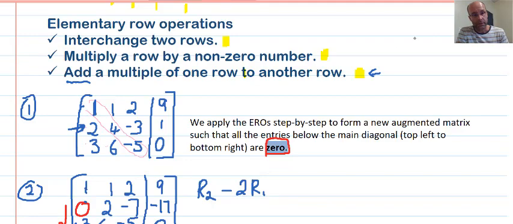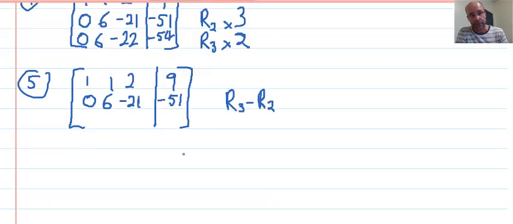Now using ERO number 3 again, adding a multiple of one row to another. That multiple can be negative 1, by the way. That means we do the following. We go row 3 minus row 2, because I only want to affect row 3 because row 2 has the 0 where we wanted it.